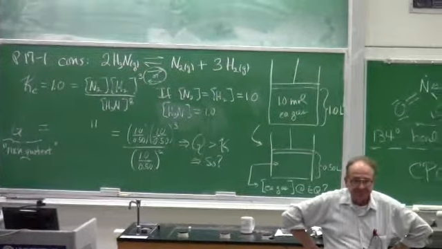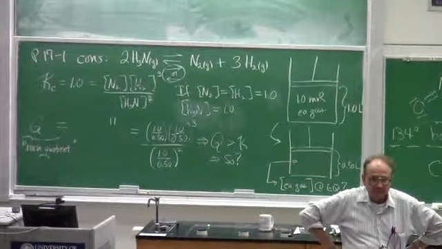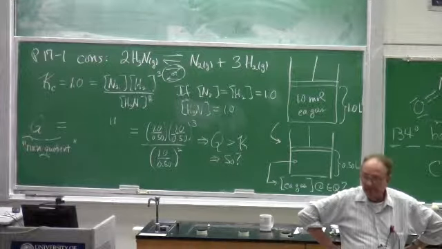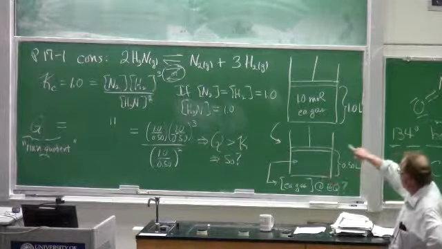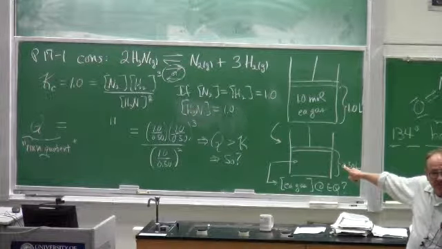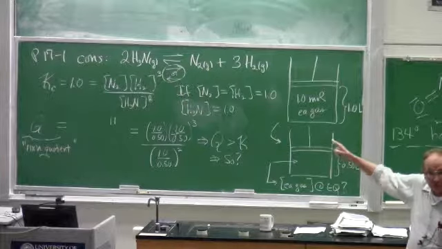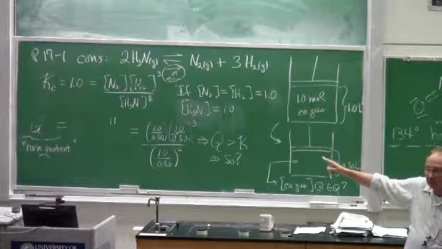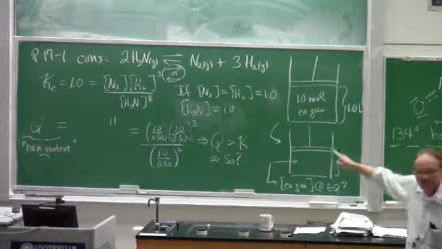Since the reactant side has less relative moles, do you realize that as this reaction goes right to left, the reverse of the way it's written, you're going from more moles to fewer moles?